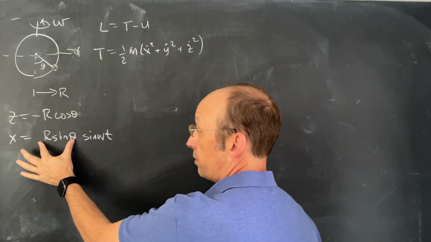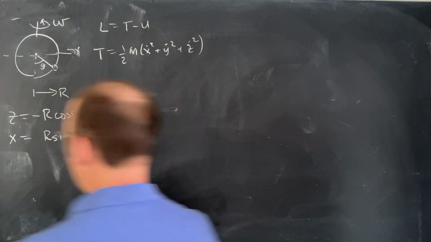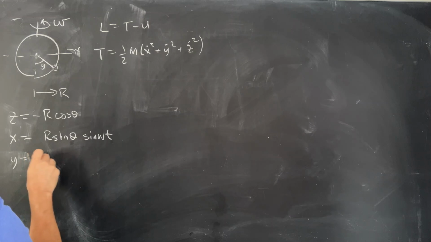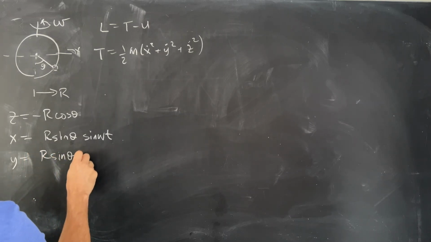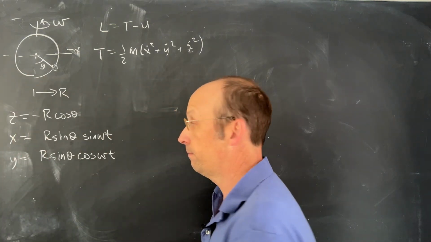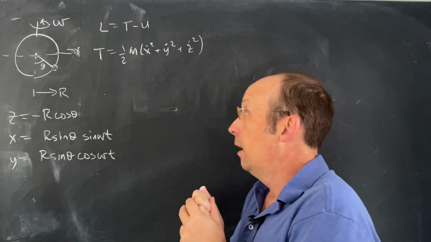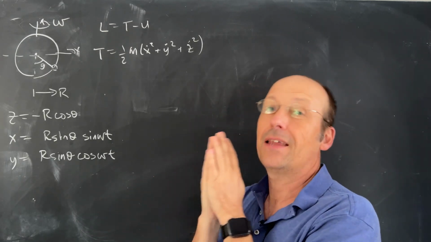That's the projection into the xy plane, and that's the rotation from the hoop. And then y would be the same way: r sine theta, the projection into the xy plane, times cosine omega t. That's an omega. So I have it.